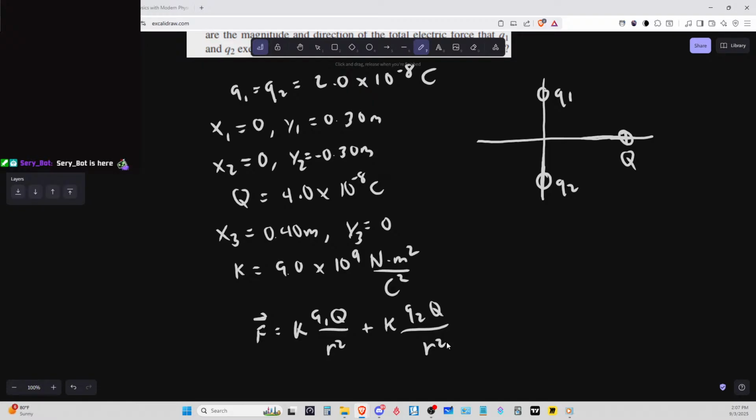Because the distance here, we could use the Pythagorean theorem because it seems like it's a perfect triangle at that point, because we got it right here, and then we got it right here. So I think we can probably just get the distance by doing the Pythagorean theorem for both.